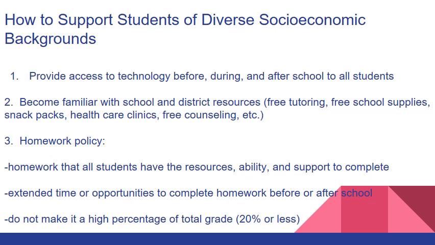And so if you provide technology access to students before, during, and after school, and you make sure that it's equitable in terms of who receives the opportunity to use the technology in the classroom, allowing equal opportunities for all students, then students will have the advantage of being able to learn through the use of technology when they might not have had those advantages at home.